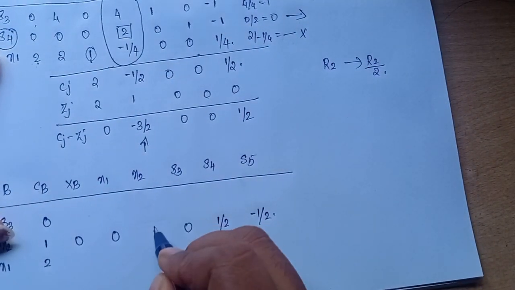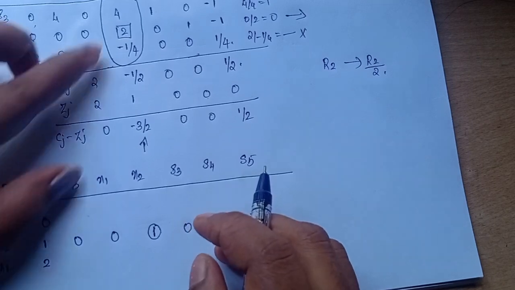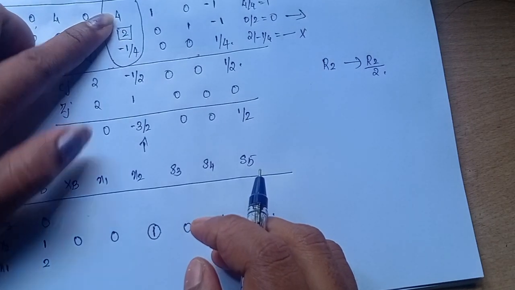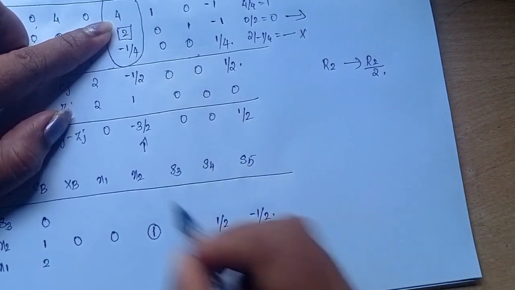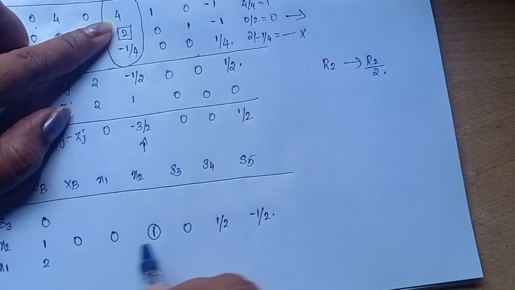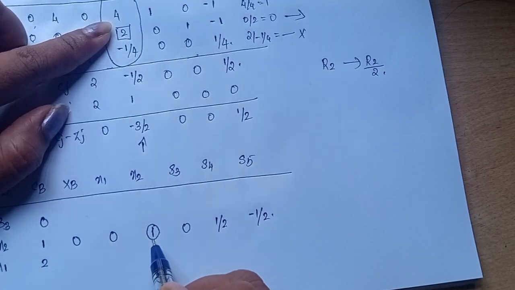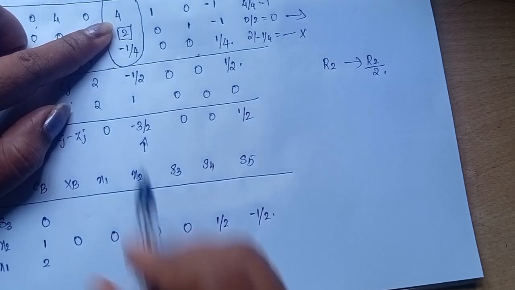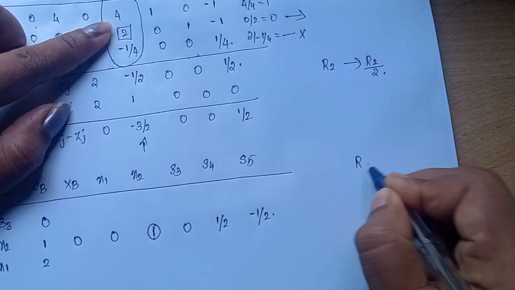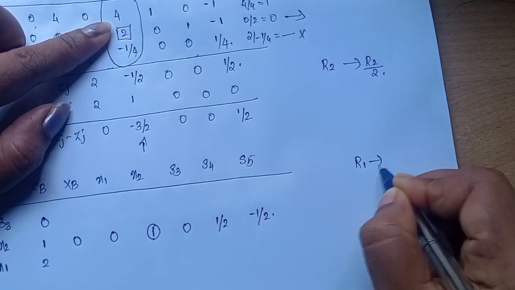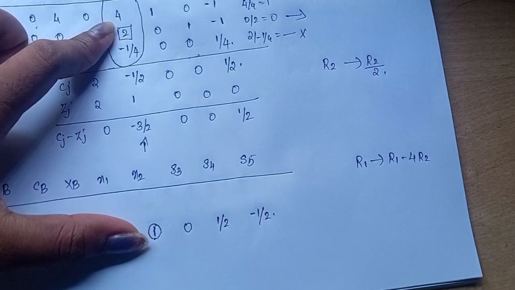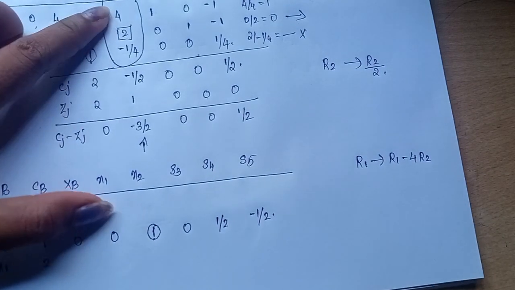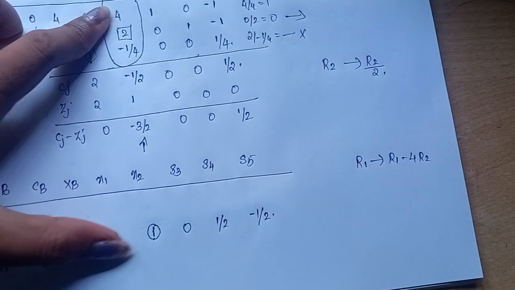And അടുത്ത സ്റ്റെപ്പ് എന്താ ചെയ്യുന്നത്? അടുത്ത സ്റ്റെപ്പിൽ ഈ കീ എലമെൻറ്റിന് മുകളിൽ വന്നിരിക്കുന്ന എലമെൻറ്റ് 4 ആണ്. അതിനെ 0 ആക്കാം. സോ അപ്പോൾ അതിന് വേണ്ടിയിട്ട് എന്താ ചെയ്യുന്നത്? അതിനെ 0 ആക്കാനായിട്ട് ഈ റോ ആയിട്ട് വേണം ഓപ്പറേറ്റ് ചെയ്യാനായിട്ട്. കീ എലമെൻറ്റ് 1 ആയിട്ട് മാറ്റി ആ റോ ആയിട്ട് വേണം ഓപ്പറേറ്റ് ചെയ്ത് 4നെ 0 ആക്കേണ്ടത്. സോ അപ്പോൾ R1 ചേഞ്ചസ് ടു R1 മൈനസ് 4 ഇൻറ്റു R2.